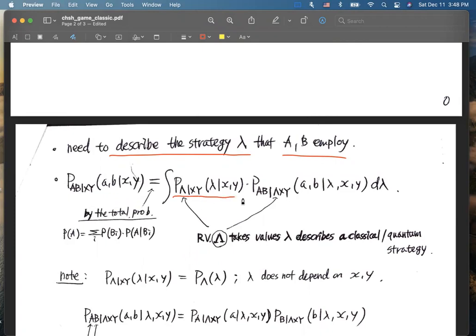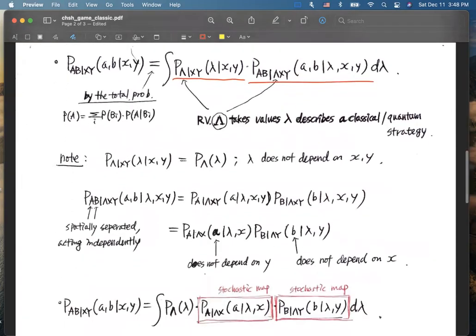Integral of the conditional probability of lambda given x and y, times the conditional probability of a and b given lambda, x, and y. But note that the game strategy lambda does not depend on x and y, so we can simplify this conditional probability to probability of lambda.